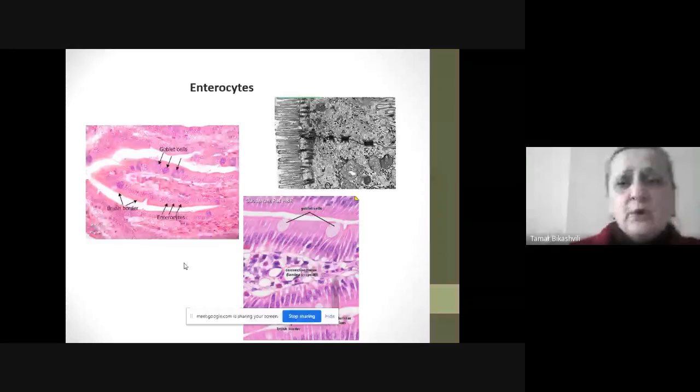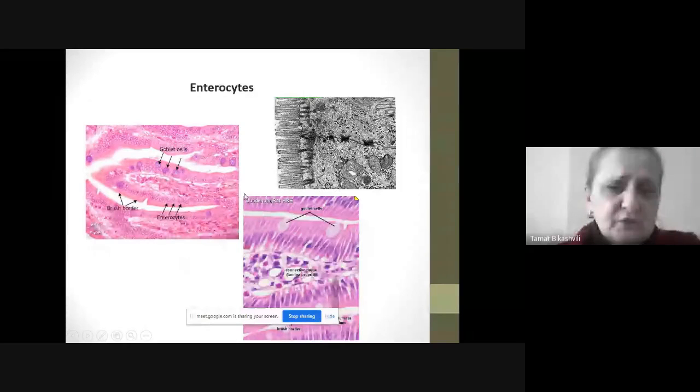Yes. So here you can see the enterocytes, yes, enterocytes, because here are the numerous microvilli, and you can see also the goblet cells, mucus secreting cells.